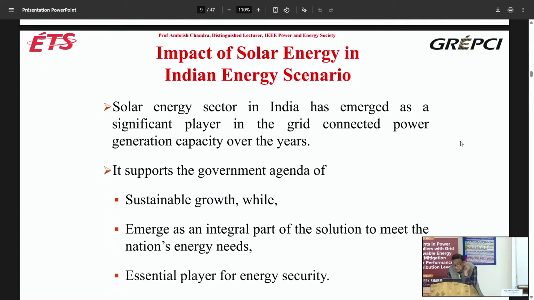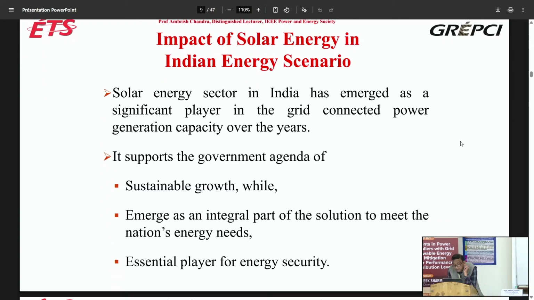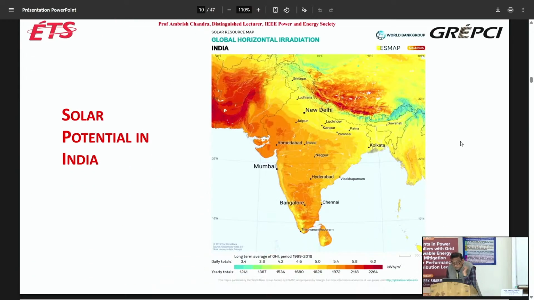The solar energy sector in India has emerged as a significant player in grid-connected power generation. It supports the government agenda of sustainable growth while emerging as an integral part of the solution. So see the solar potential in India. Here you can see that it is more than 2000 kilowatt hour per square meter.